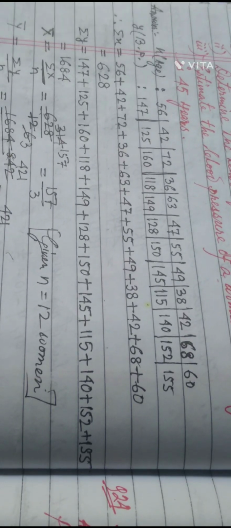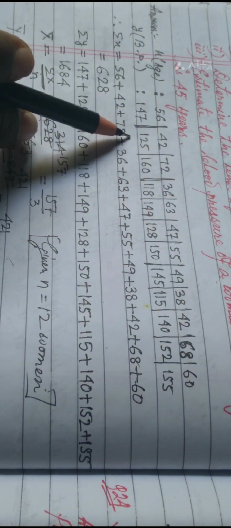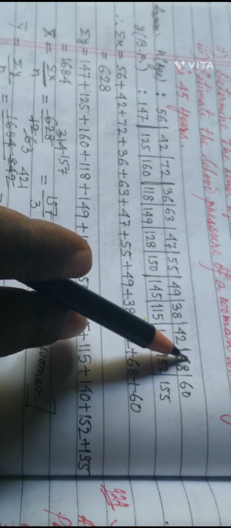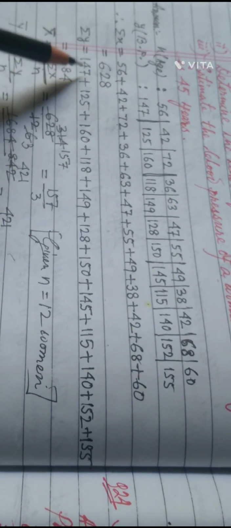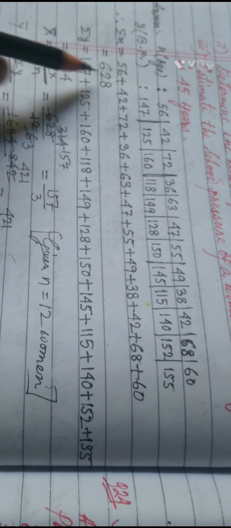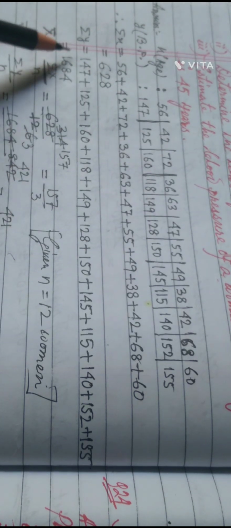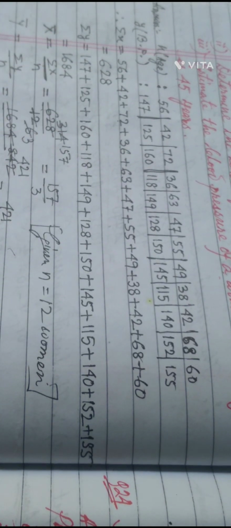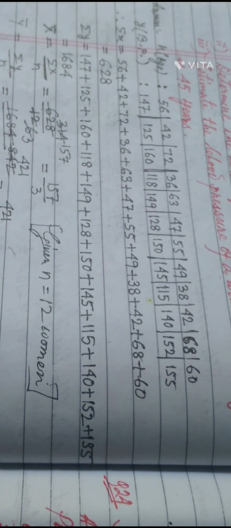Now, at first, we have to find out sigma X, that means sum of all X's, and sigma Y, sum of all Y's. Sigma X equal to 628. Sigma Y equal to 1684.